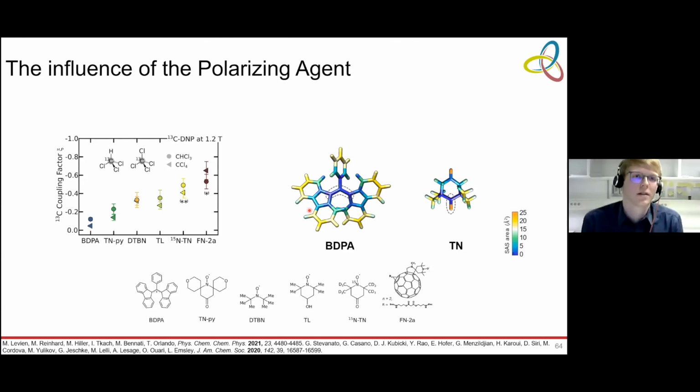So for proteins, for instance, if you continue to use nitroxides for the DNP, then the collision time and the translational motions are dependent on both molecules, right?